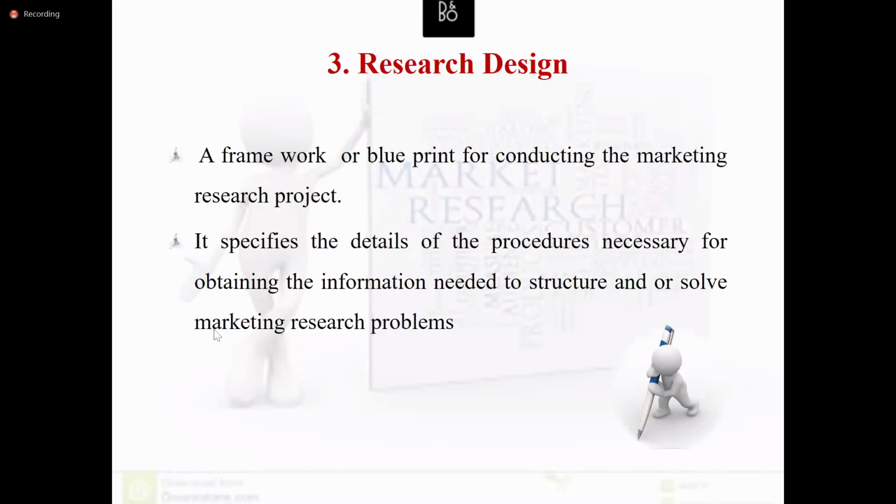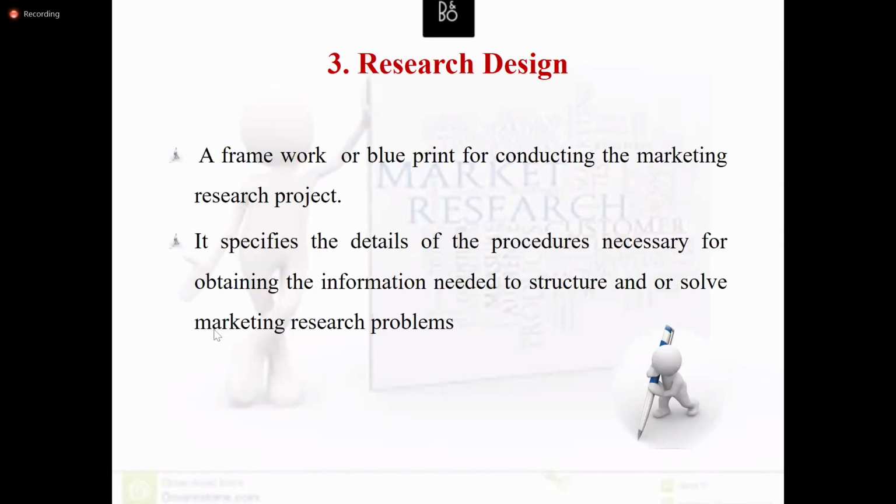And from this sample, how are we going to collect the information, whether by questionnaire, by experiment, or by observation? There are many ways of data collection, so we have to specify how the data is going to be collected. That is the source of data collection.